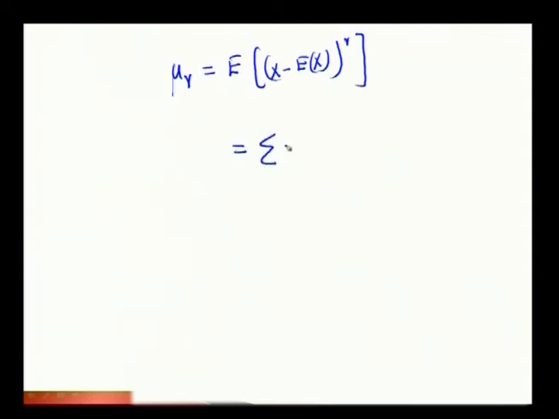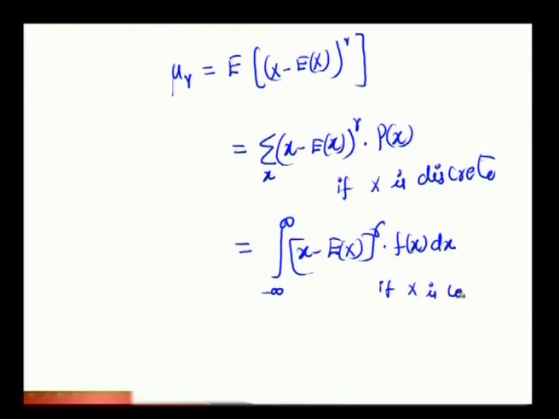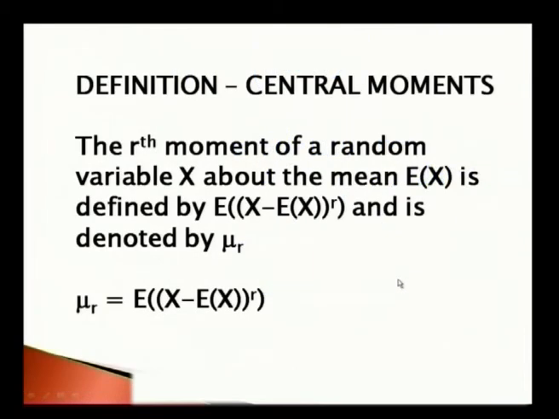This is equal to summation of x minus E of x whole power r into p of x if x is discrete, where x ranges over its values, and this is equal to the integral from minus infinity to infinity of x minus E of x whole power r into f of x dx if x is continuous. So, we have dealt with the definition of central moments, the definition of raw moments, and the definition of moments about an arbitrary point.